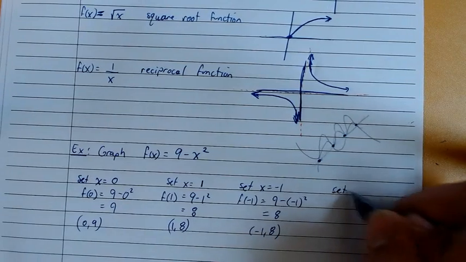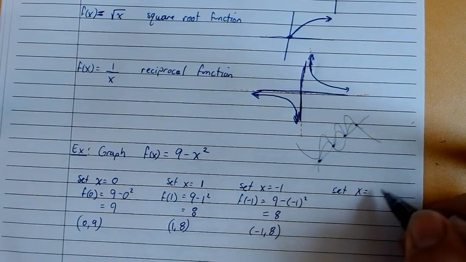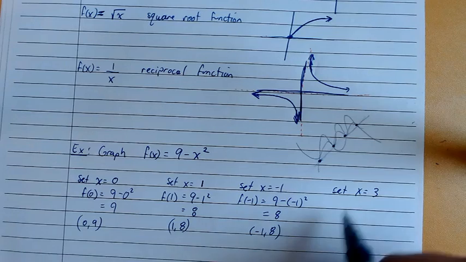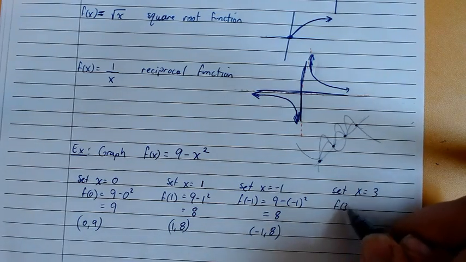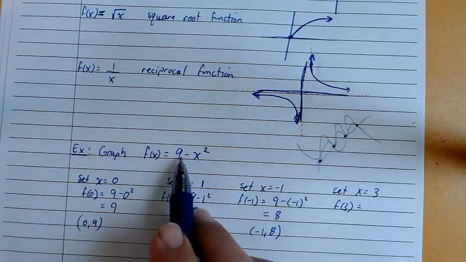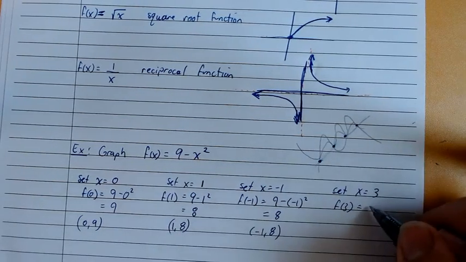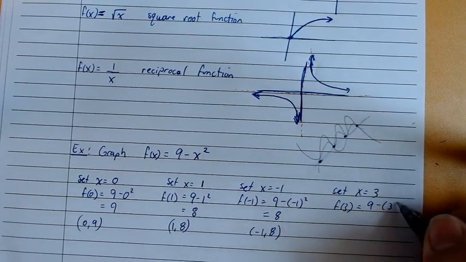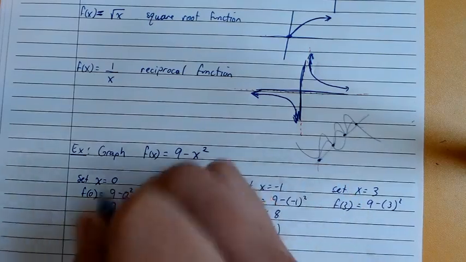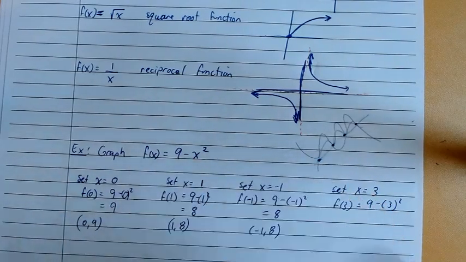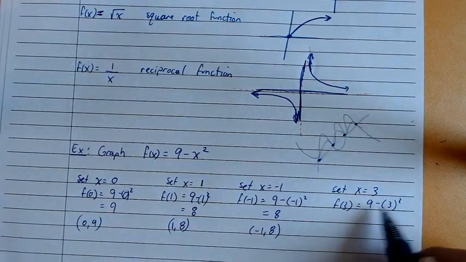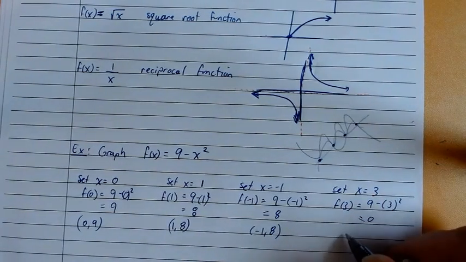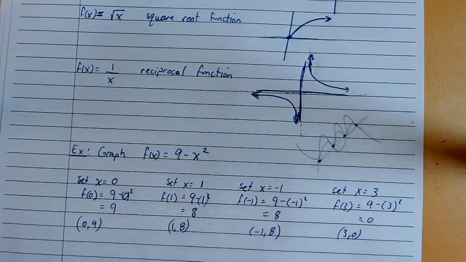Let me set x equal to, I don't know, 3. f of 3 is 9 minus 3 squared. I guess I should put all these in parentheses, right? The numbers I'm plugging in. There we go. 3 squared is 9. 9 minus 9 must be 0. So that's (3, 0).